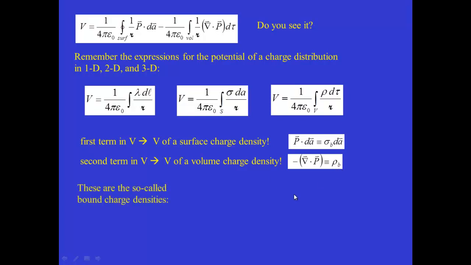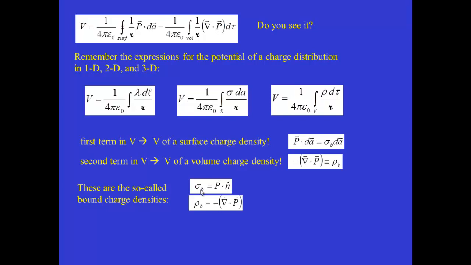Now here's why. These are the so-called volume and surface bound charge densities. Why are they called bound charge densities? Well, that's because these charges are not really free to move throughout the object. They only arise because the object has been polarized.